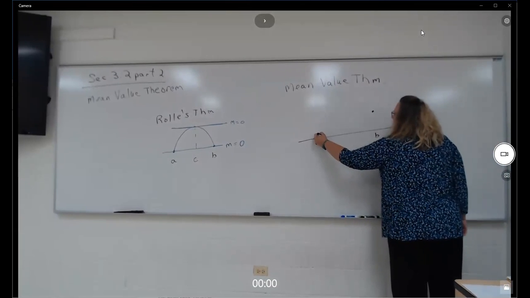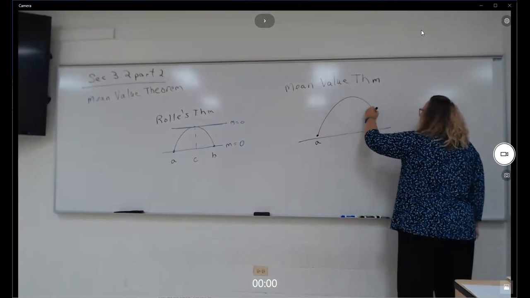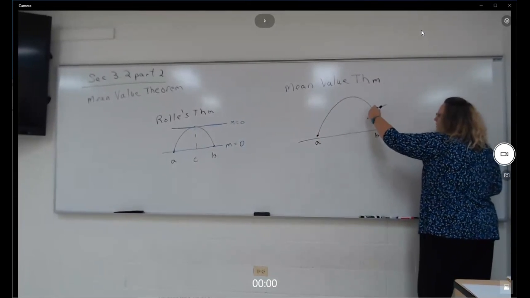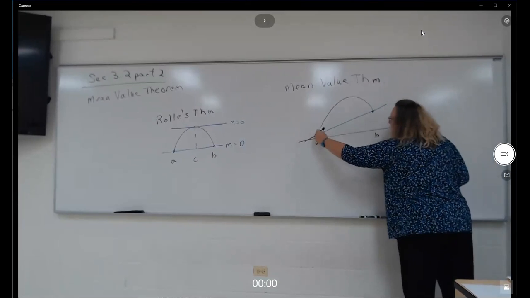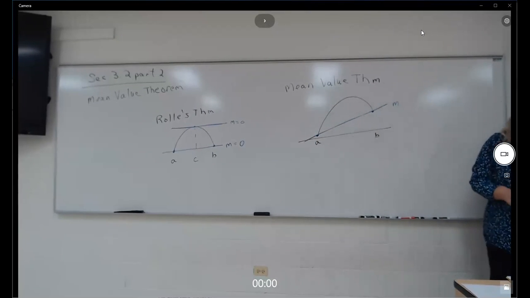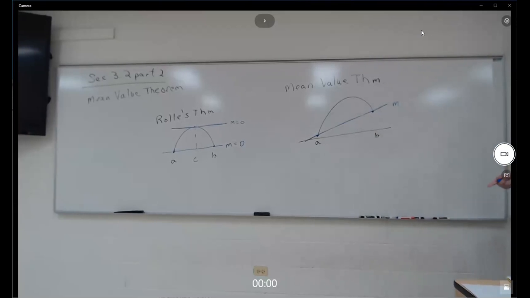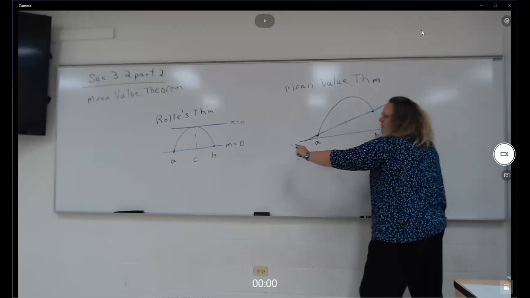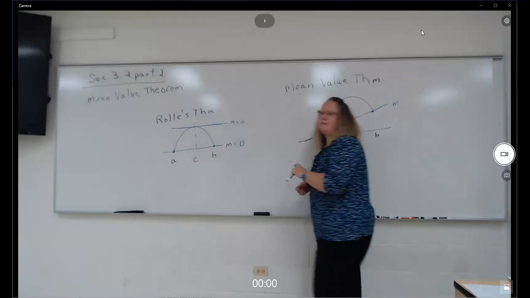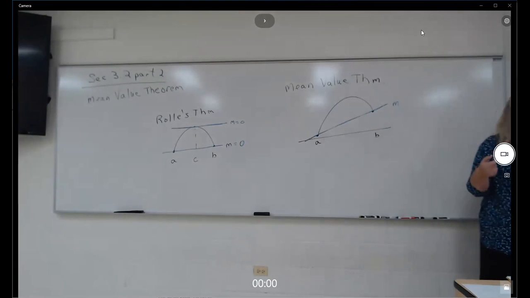So if we connect these two, and we talk about the slope of this line, whatever that slope is, the mean value theorem says there is a point on the graph that has the same slope. It won't be 0 because now this guy isn't 0. But do you see how this slope matches a point on the graph? It's just not the one that we really care about, those max and mins.